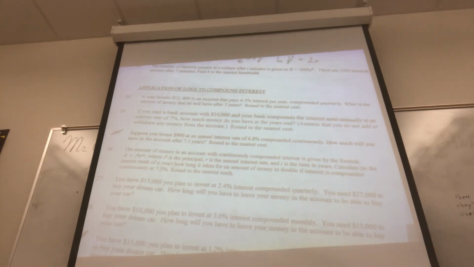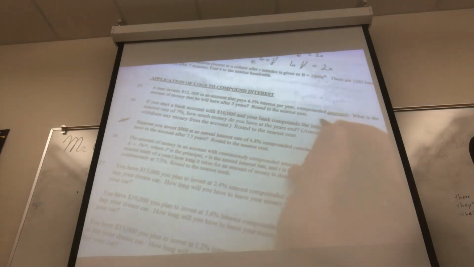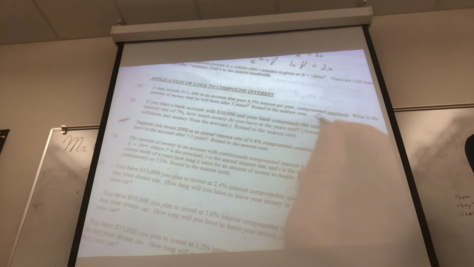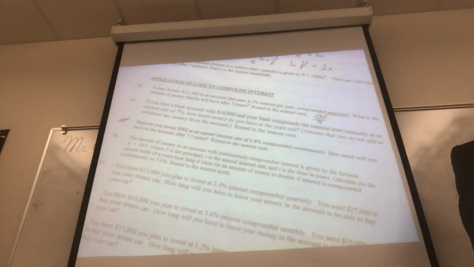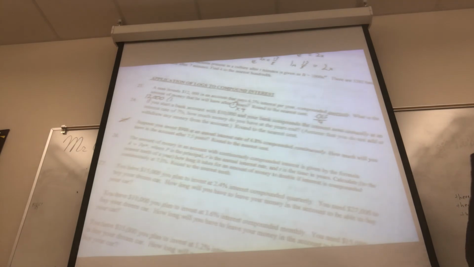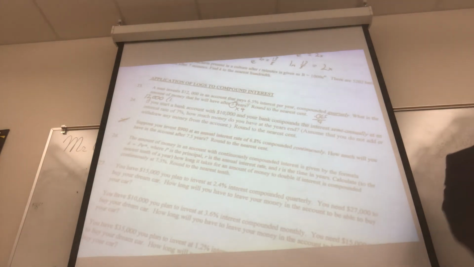Real quick, on number 23, if it says compounded quarterly, you take your rate, 6.5%, 0.065, you divide that by 4 because it's being compounded 4 times in a year. You'll take your number of years and multiply that by 4. So it's going to be your $12,000 times 0.065 divided by 4.